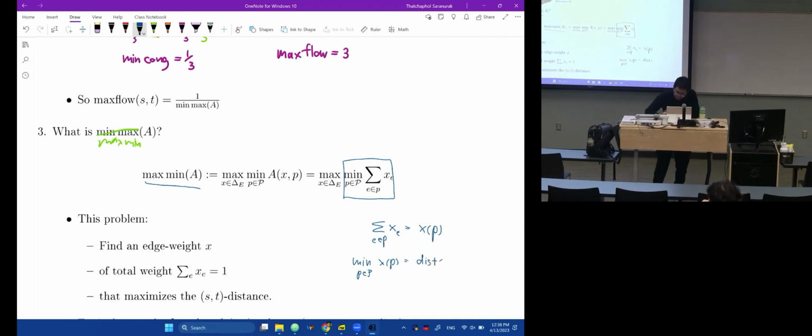This is just the distance from S to T when the weight is x. When you want to find the best path with minimum distance from S to T, that's just the distance from S to T. So it means that this problem is to find x with total weight 1 that maximizes the distance from S to T. So it's like you can put value into edges such that S and T are separated as much as possible.